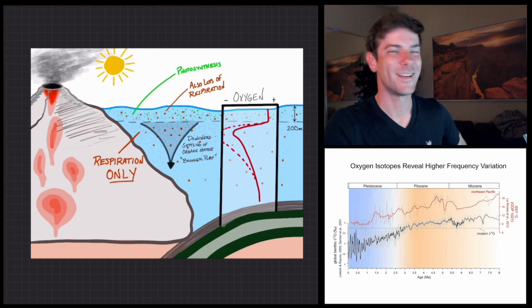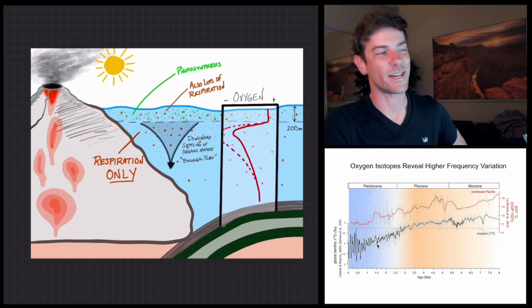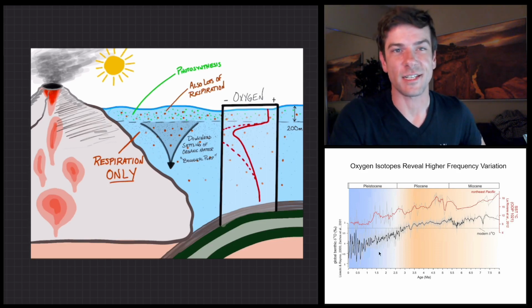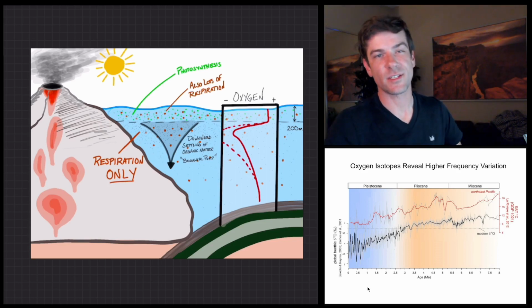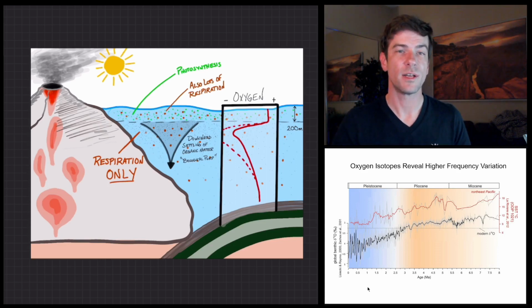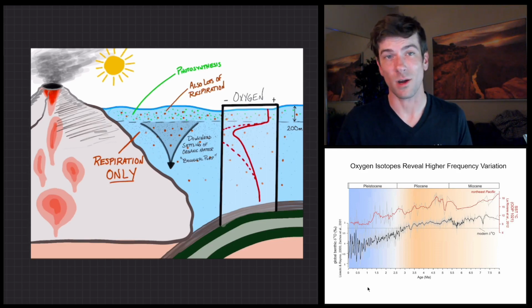I'm sorry. Okay, so this is the oxygen isotope record, and we talked about how oxygen isotopes are used by geochemists to reconstruct surface temperatures. If you look at the ratio of the light oxygen 16 to the heavy oxygen 18 in carbonate minerals that were precipitated from seawater, that ratio reflects the ratio of the water that it precipitated from, so seawater in that case.